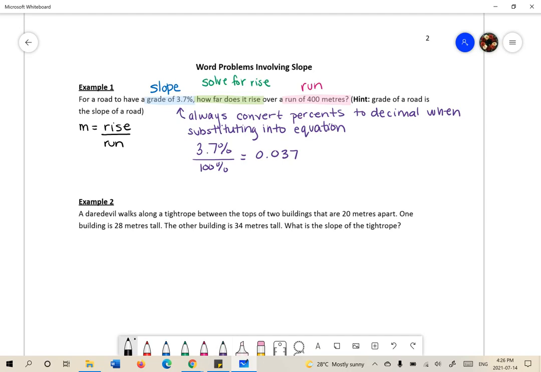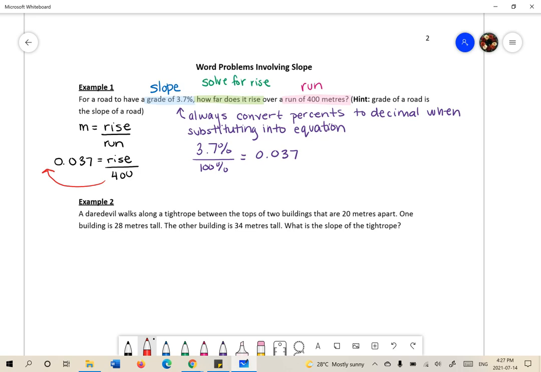Now on my next line, I'm going to substitute all the given values, and I'm going to use my decimal form to replace slope. We're trying to find rise, so I'm going to leave it as rise, and my run is 400. So I'm trying to isolate rise. I'm going to move my 400 over to the other side, and it's going to become its opposite operation.